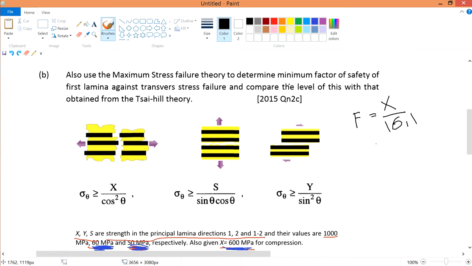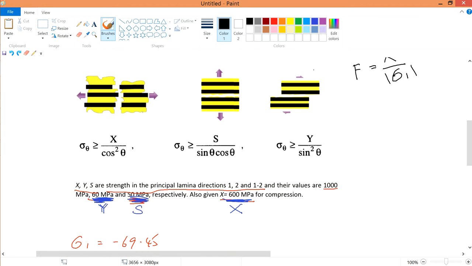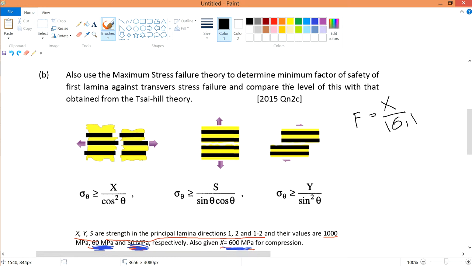So we compare these values and give a certain comment. Therefore what we do is to get the max stress theory equation. The factor of safety is equal to X divided by sigma 1, Y divided by sigma 2, and S divided by tau 12.